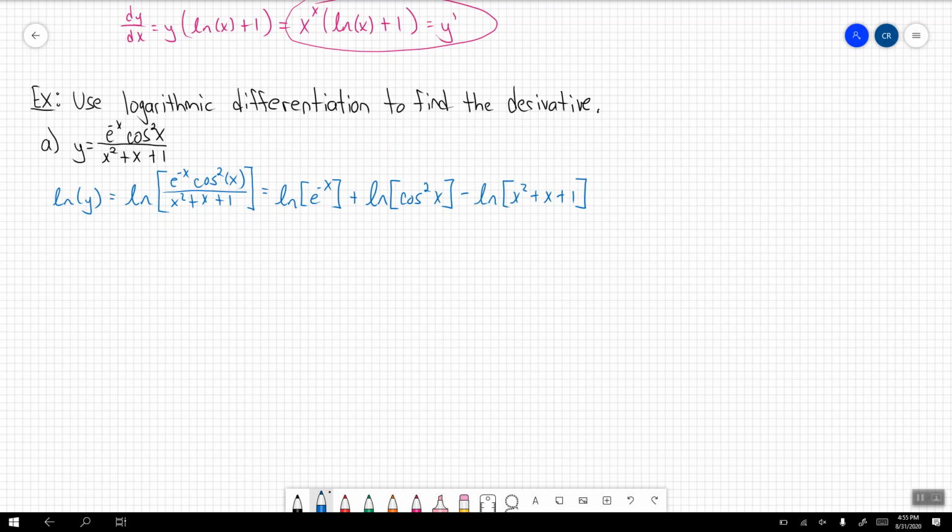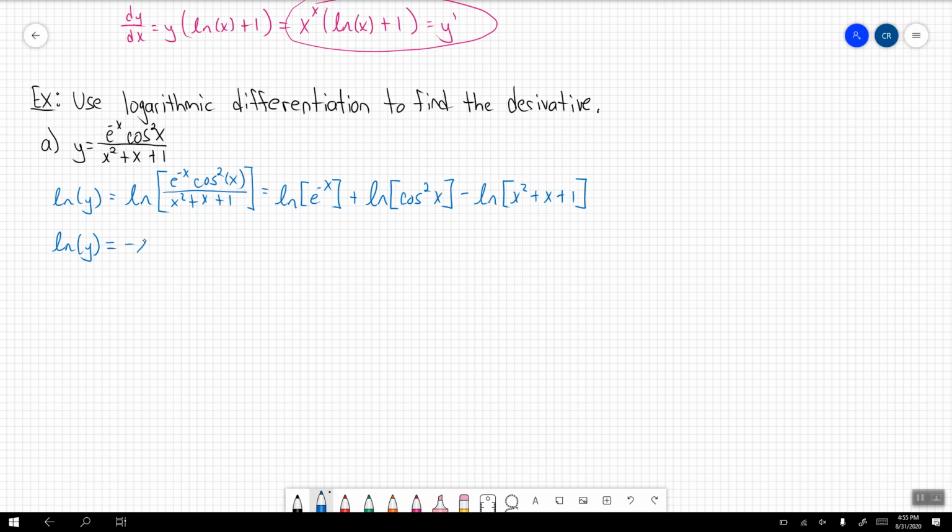Now I can go through and start taking this derivative, because again, this derivative is going to be a little bit easier to work with. Let's see how in that case it's going to be easier. Okay, so here we go. Let's simplify this just a little bit more. Natural log of y. I'm going to simplify the first one here.